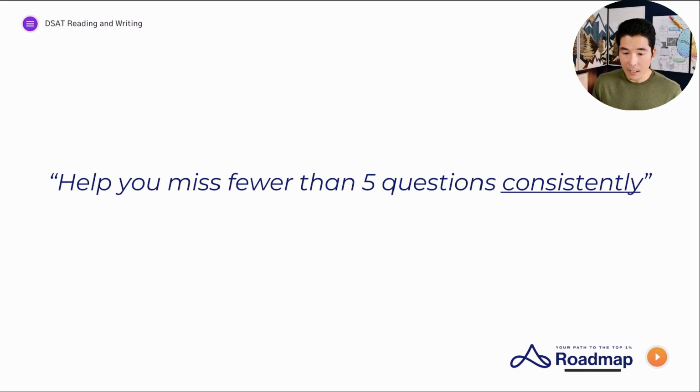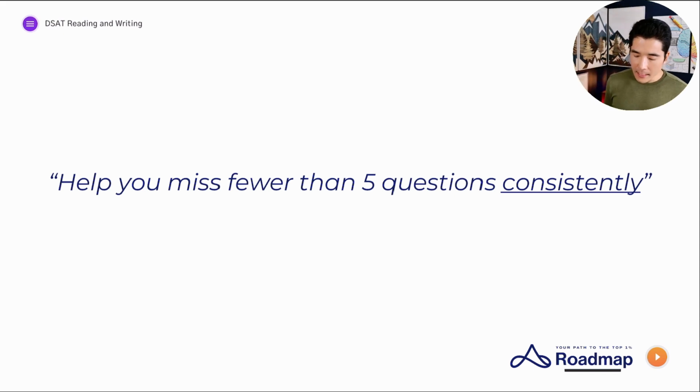You have to really honestly look at where you are and what you know and don't know. And you're going to have to start doing things to really help you advance your knowledge and make progress. I make this goal to be fewer than 5 questions versus an actual score number, like a 700 or a 730 or a 750.